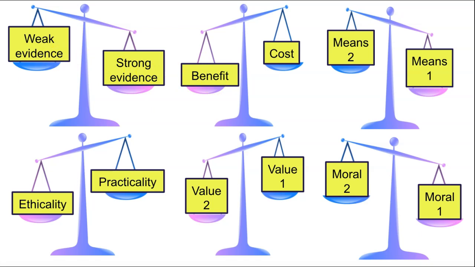For example, does the cost of social distancing outweigh the benefit of reducing the curve? Or does reducing the curve of cases of COVID-19 outweigh the cost of social distancing? Or the means? There's different ways to lower the curve.